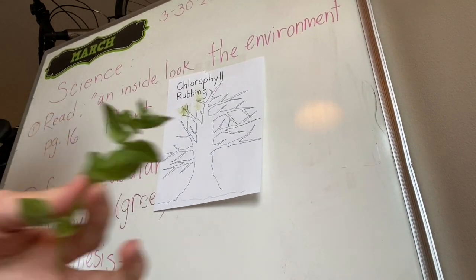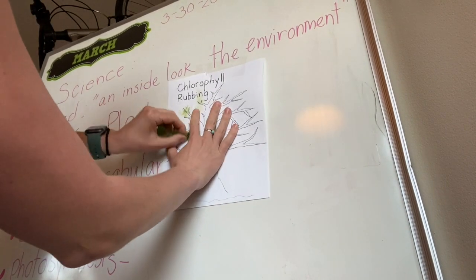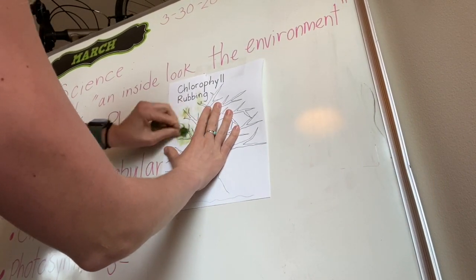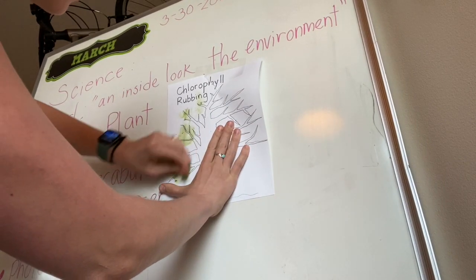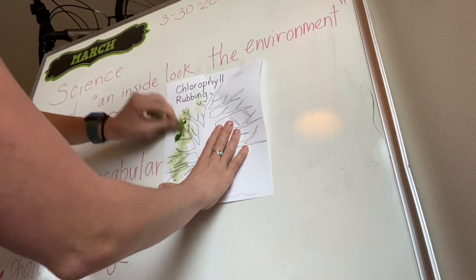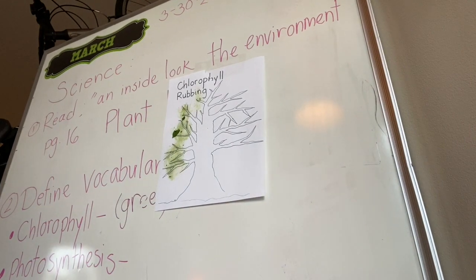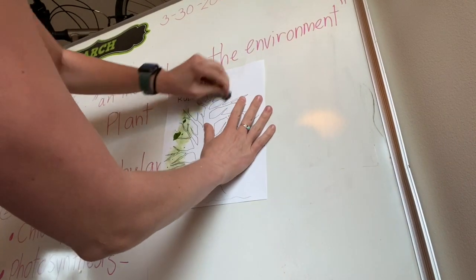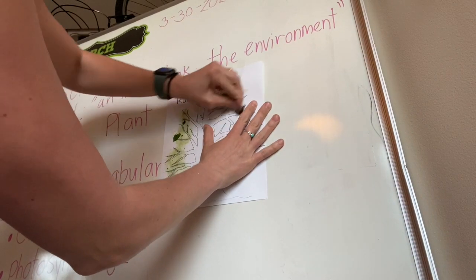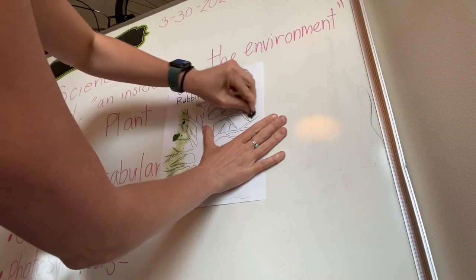Let's see how this chickweed does. Oh wow, that's working a lot better for me. So let's use some more chickweed down here for our rubbing. Let's see how our little wildflower does. We'll use that on this side. Not as successful.